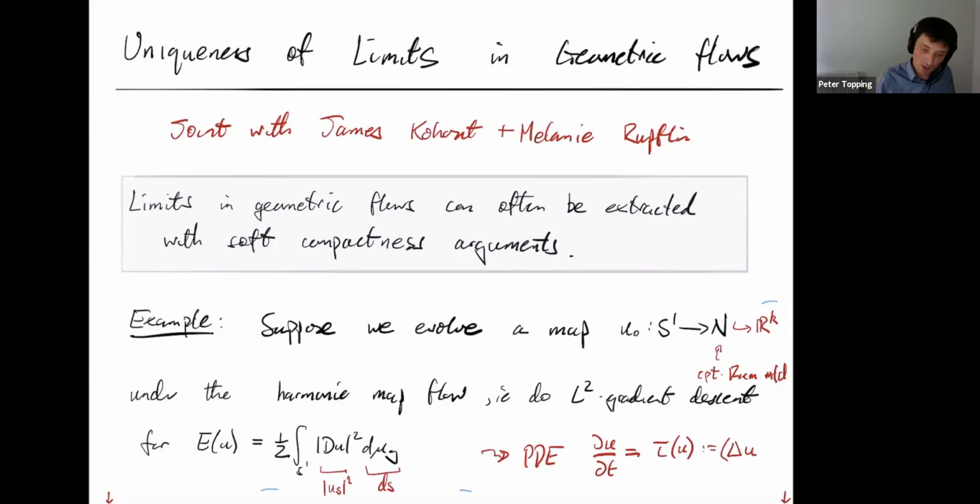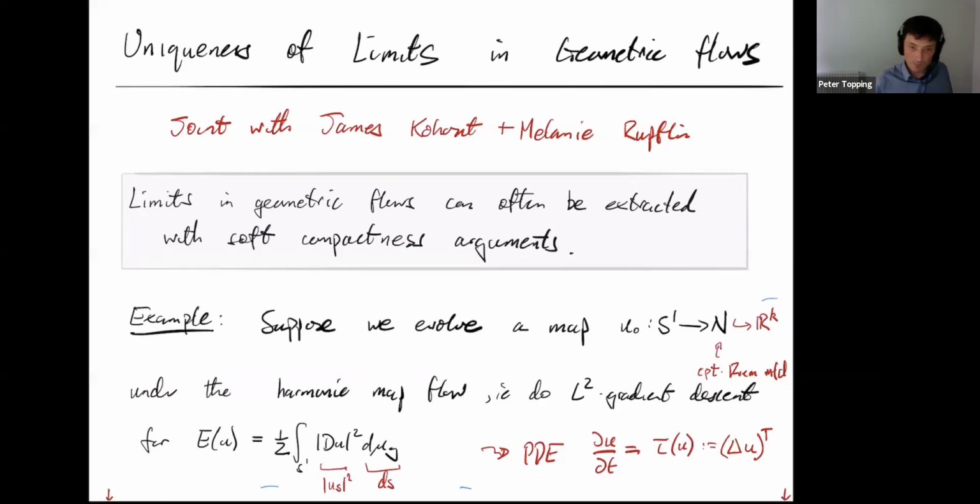So u I'm thinking of as mapping into R^K, remember? And so I take the Laplacian of u, but then I'd end up with a vector which was not tangent to the target manifold N. So I need to project, so I normally write that with a little T there. Okay, so that's the starting PDE, which will be useful later as well.